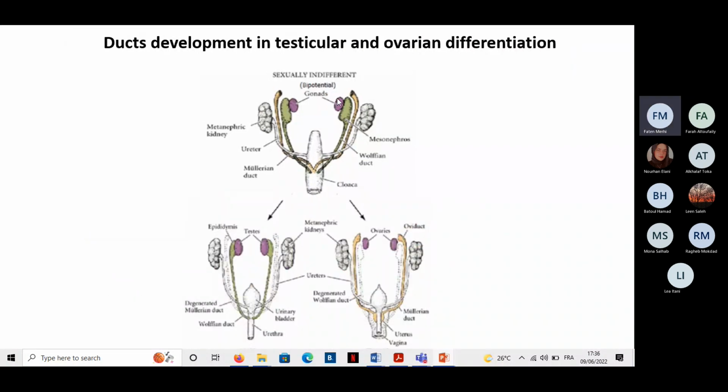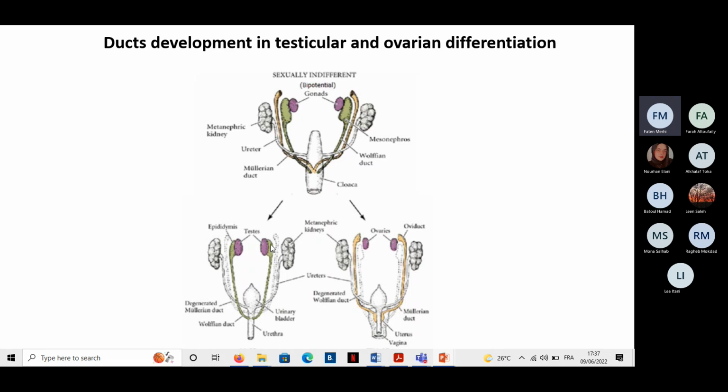Now we'll just see again the duct development in the females and males. So first of all, we have Wolffian and Mullerian ducts. In the males, the Wolffian ducts will be maintained under the action of testosterone produced by the Leydig cells.